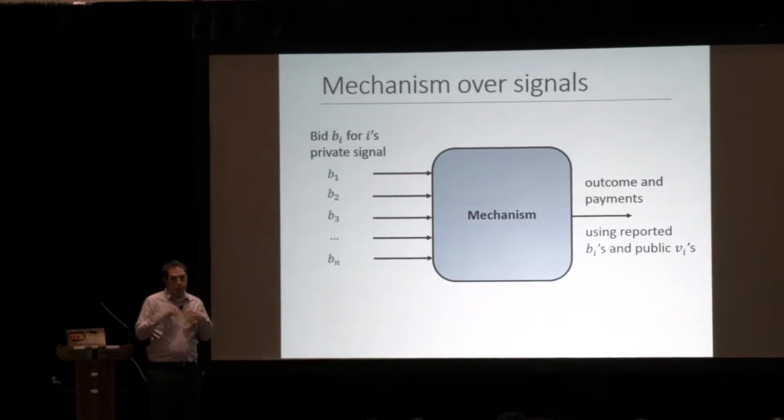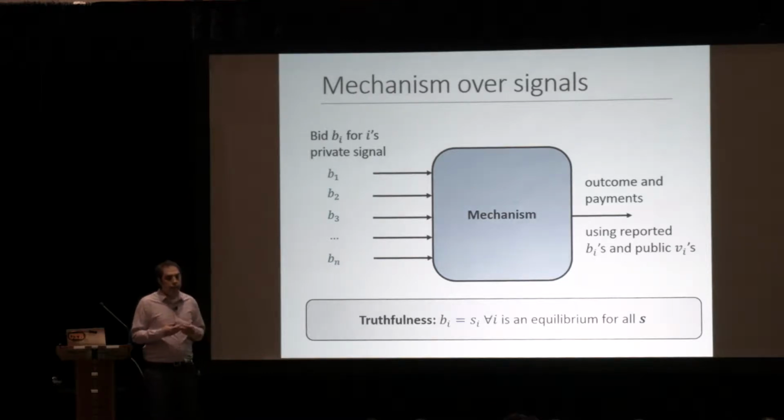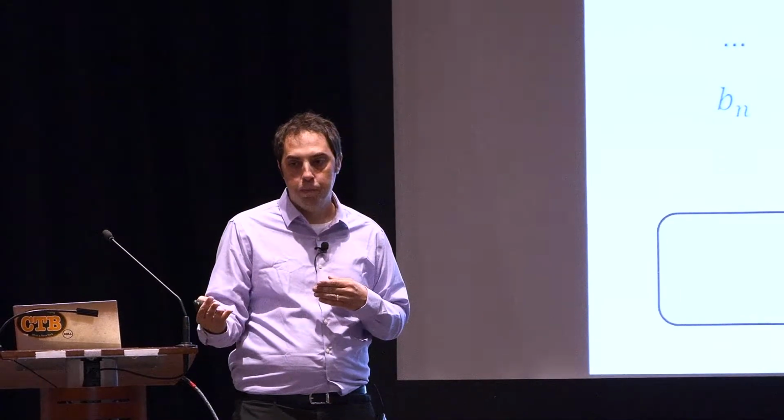And according to the private signal and the public valuation functions, the seller decides upon an outcome and a payment. And in this setting, the best solution concept we have is ex post incentive compatible, meaning that bidding your true value is an ex post Nash equilibrium, which means that if everybody else bids their true signal, you might as well reveal your true signal. This is the best response for you.